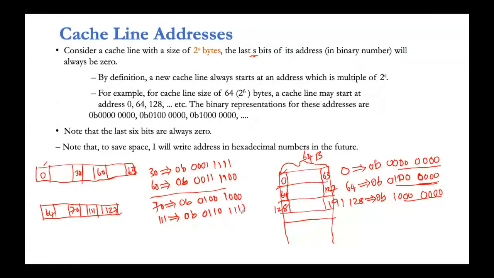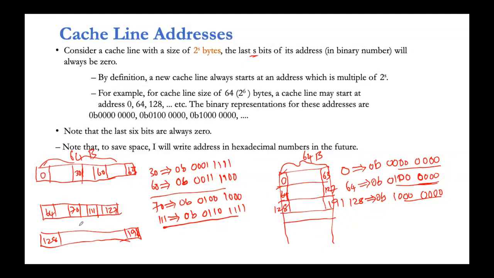Similarly, if you take the third cache line, it starts at 128 and ends at 191, because the size of these cache lines is 64 bytes.